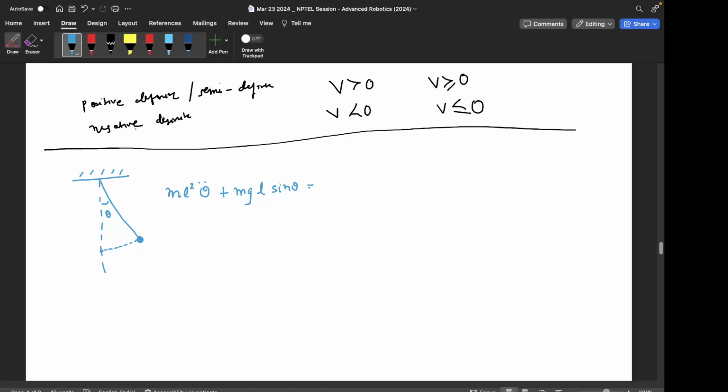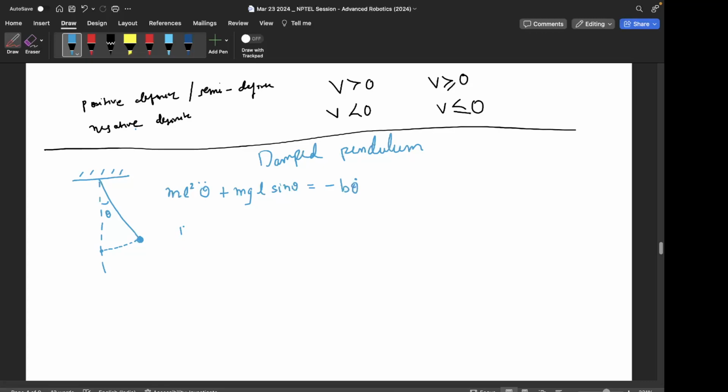But here I will add a dissipation term, a damping term, same as the term you have seen in the spring mass damper system, b times the velocity. So this is our system, the damped pendulum.